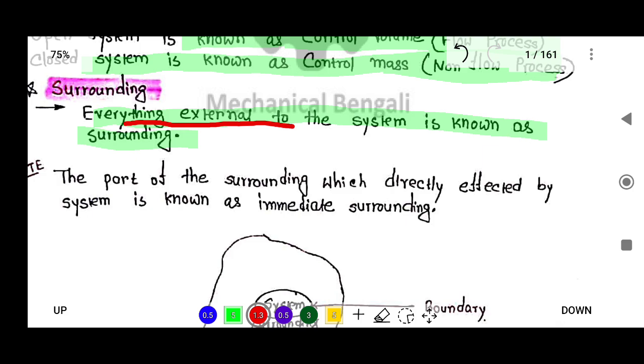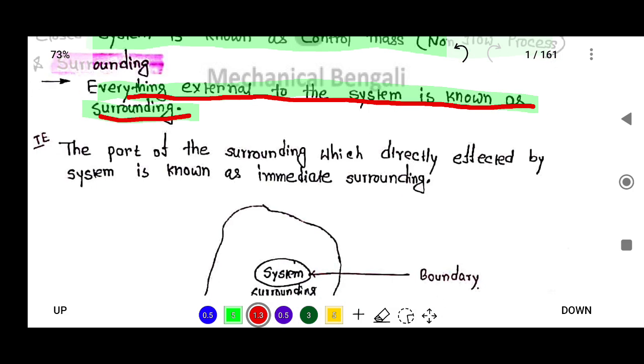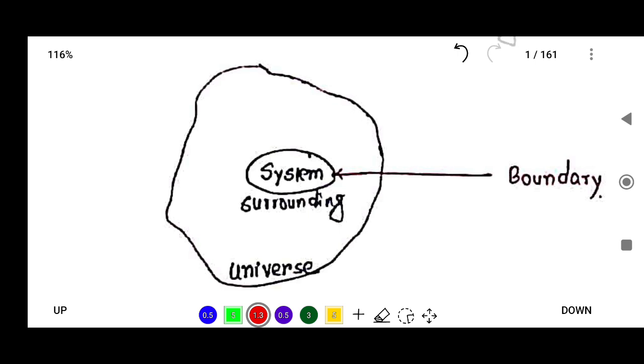Everything external to the system is known as surrounding. Suppose this is our system, and everything external to the system is our surrounding. Between system and surrounding there is a boundary. This is known as boundary.